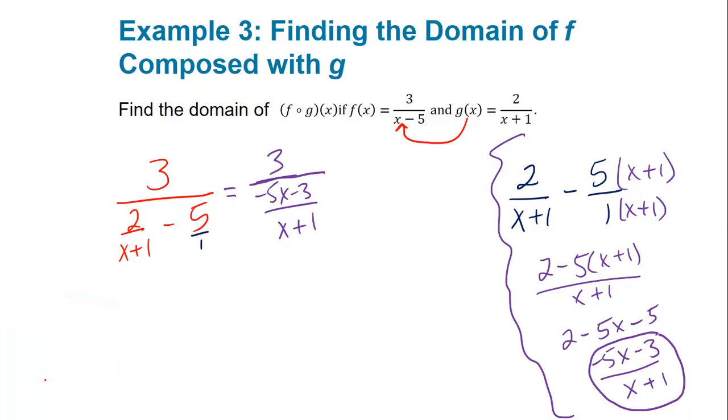How do you divide fractions? Keep, change, flip. You multiply by the reciprocal. We do not divide fractions. We multiply by the reciprocal. So this becomes 3 over 1 times x plus 1 over negative 5x minus 3.